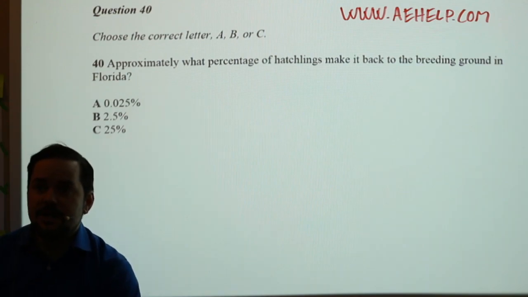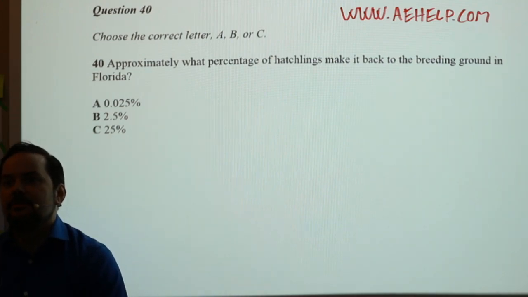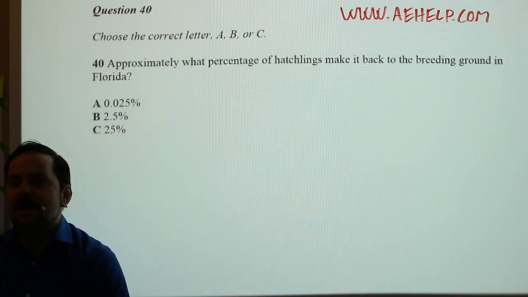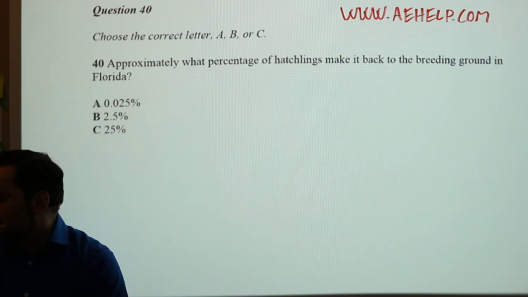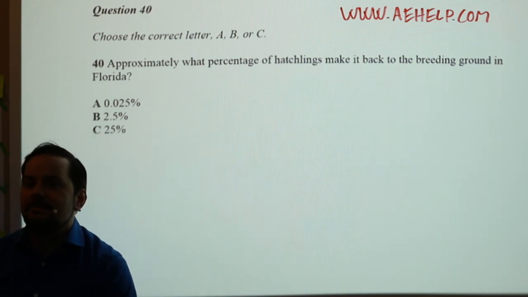They say 1 in about 4,000 hatchlings make it back to Florida to breed. So only 1 in 4,000. So here you have to do a little bit of quick math, and you can figure out that 1 in 4,000 means 0.025% of hatchlings make it back to the beaches of Florida.